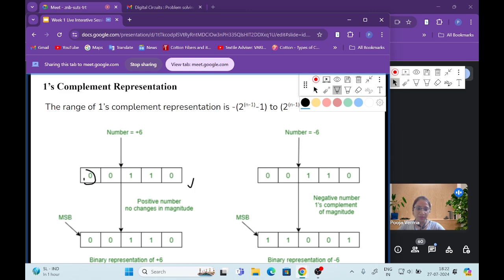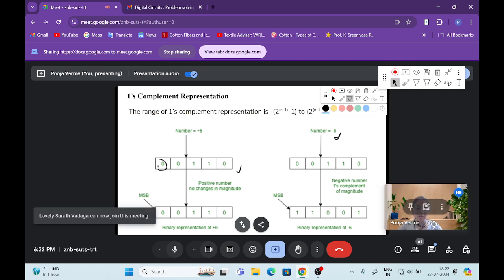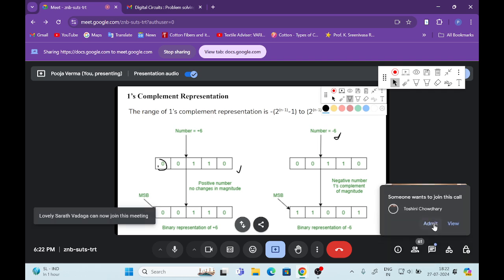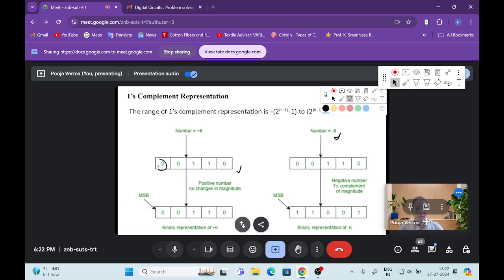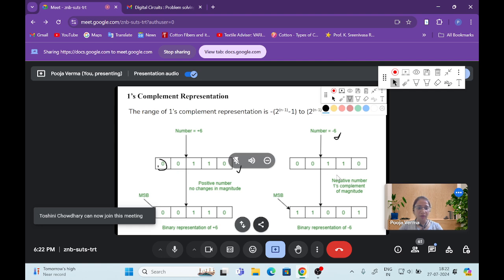If we want to represent minus 6, we have to take the reverse: we have to change 0 to 1 and 1 to 0. So for one's complement of a negative number, we change 0 to 1 and 1 to 0. For example, here 0 to 1, 0 to 1 and 1 to 0, 1 to 0 and 0 to 1. It's the binary representation of minus 6.